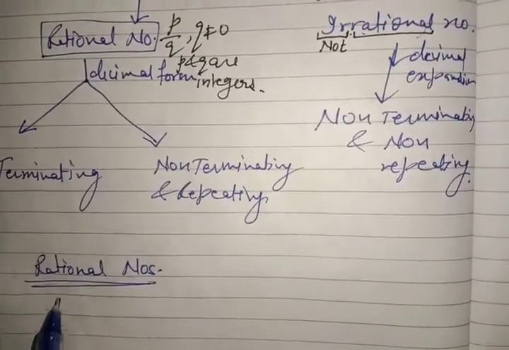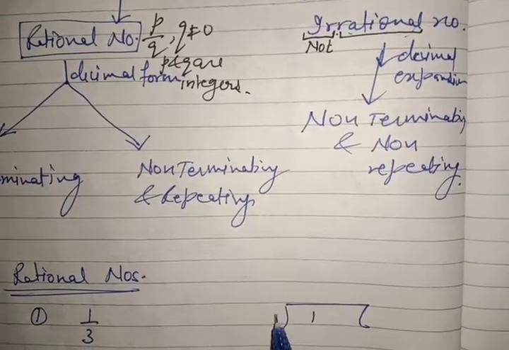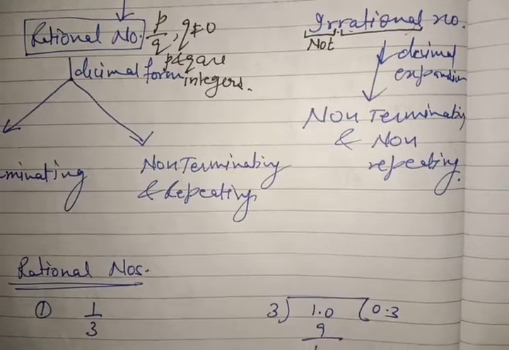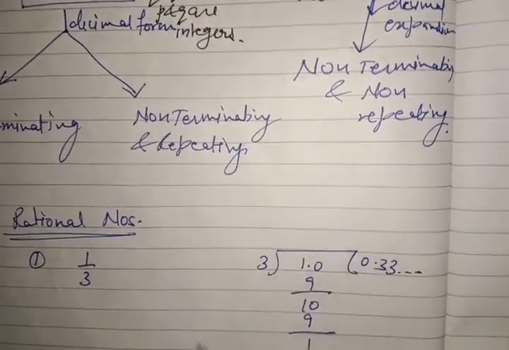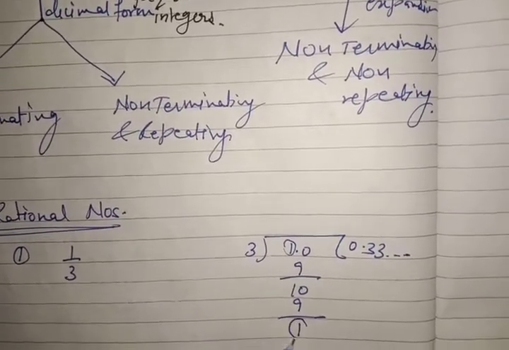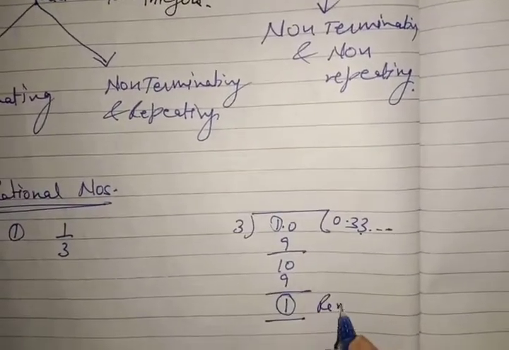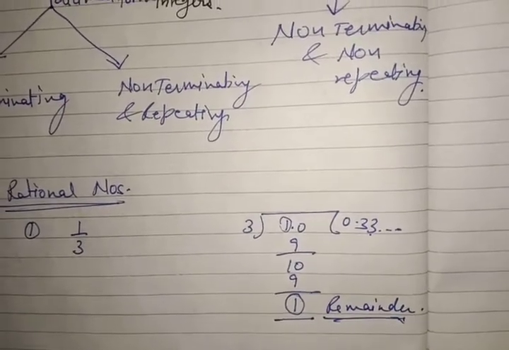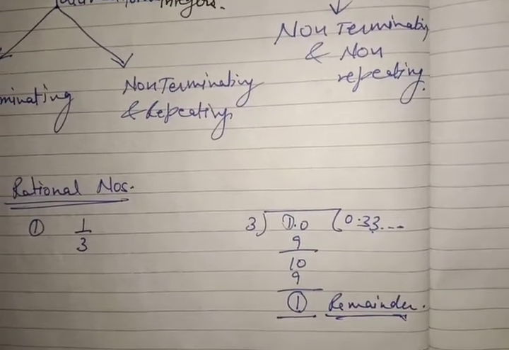The first example that I'll take is 1 by 3. Now check by dividing it what we'll get. We started from 1 and again we are getting 1 as a remainder. Remainder is not equal to 0. Again I will divide, again 1 will come, again 1 will come.